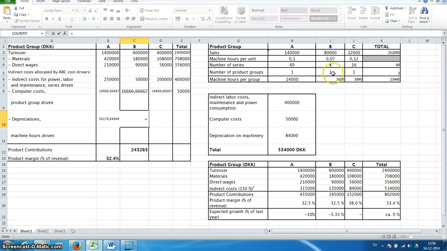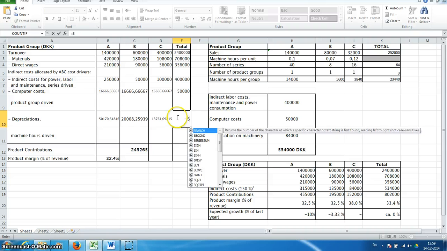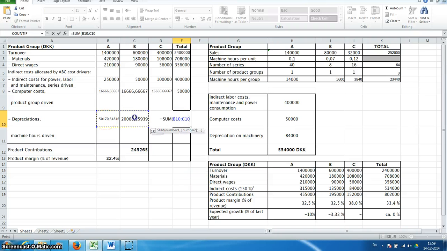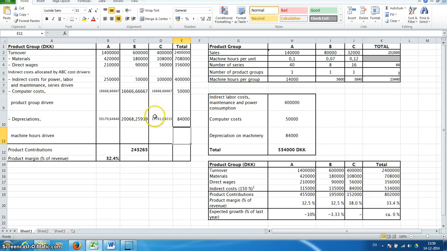Now next, B should carry this percentage of 84,000, and C should carry this percentage, and the total should be 84,000. If it's not, we've made a mistake, but it doesn't seem like we have, so that's great.